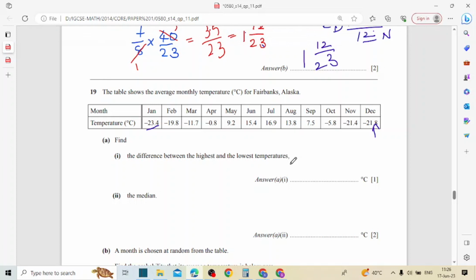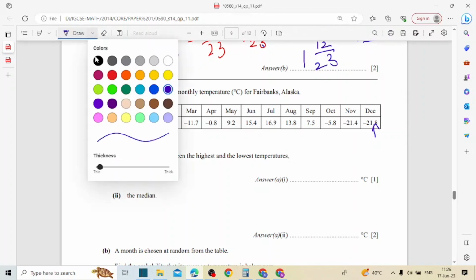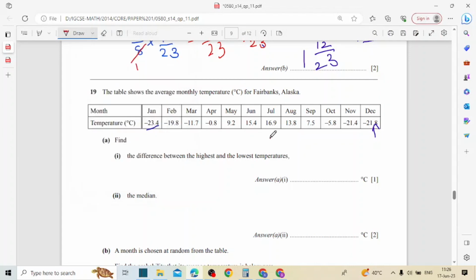Yeah, just now we discussed about it. The highest temperature is in July, and the lowest temperature is this. Now, difference between the highest and the lowest, right? So what do we get here?